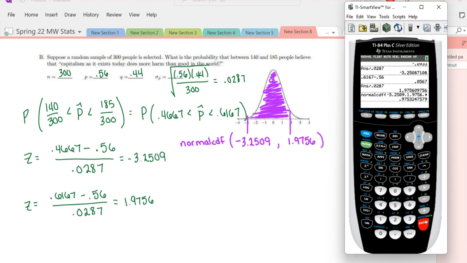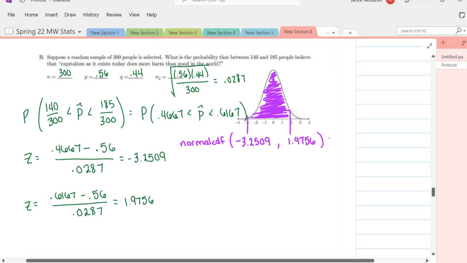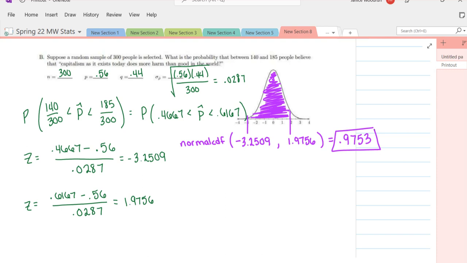We're going to get 0.9753. Okay, so the probability that between 140 and 185 people believe that capitalism as it exists today does more harm than good is 97.53%.